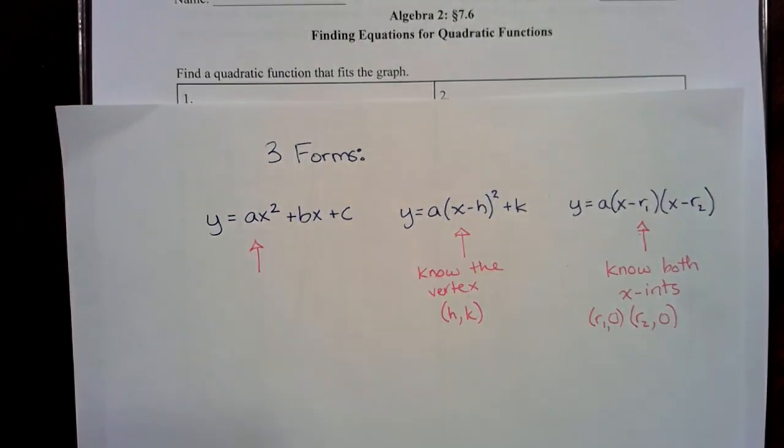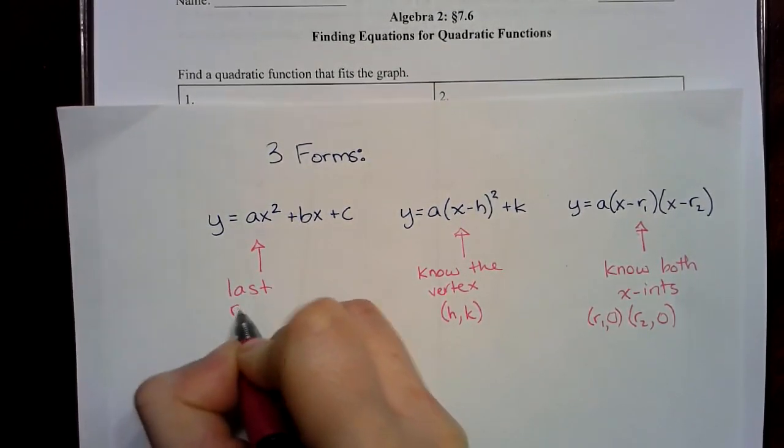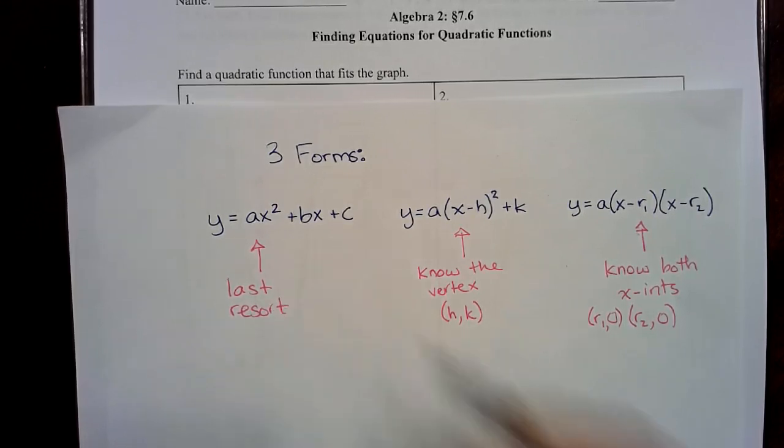And this one we're going to use as a last resort. It is much more challenging to find the answer using that form, but if you don't know the vertex or you don't know the x-intercepts, then we will need to use that final form.